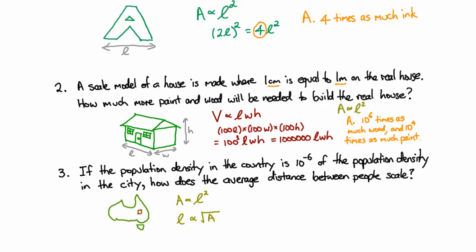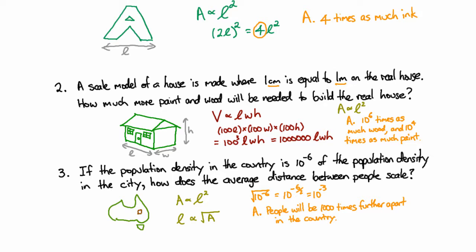So then we realize that if the area has gone down by a factor of 10 to the minus 6, then the length must have gone down by the square root of that, and since the square root of 10 to the minus 6 is 10 to the minus 3, what that means is that people are 1,000 times further apart in the country than they are in the city. I figured out which way around to put that just from common sense. Obviously, if the density goes down, then the distance between people on average is going to go up.